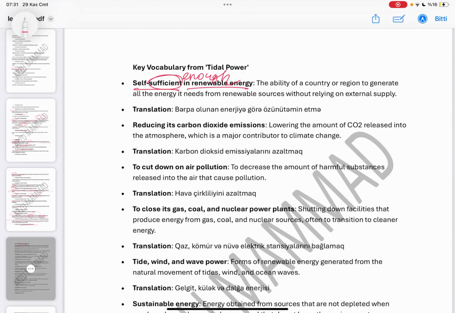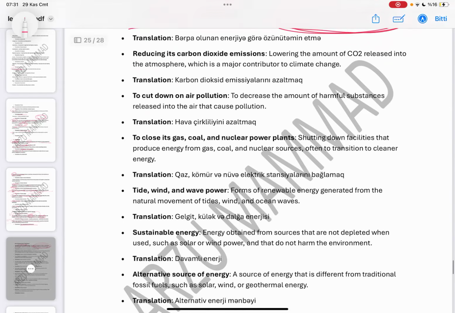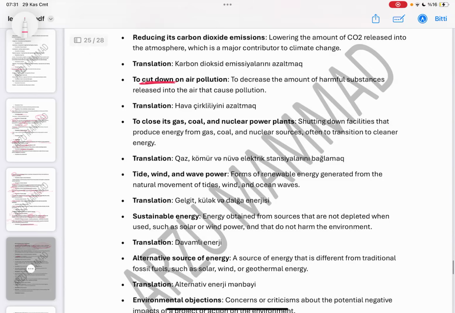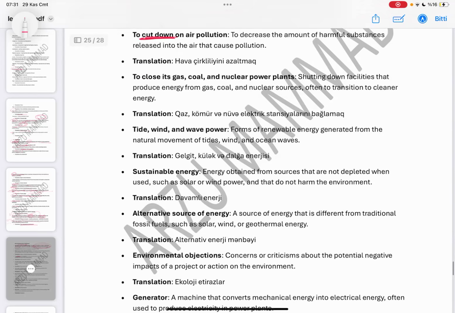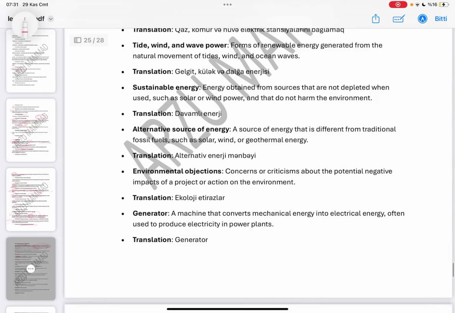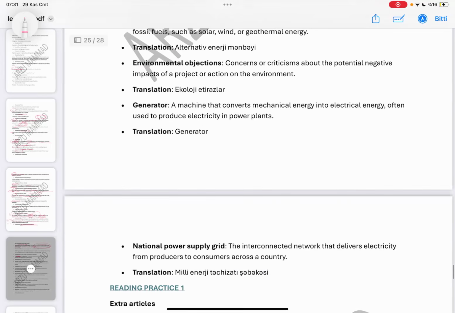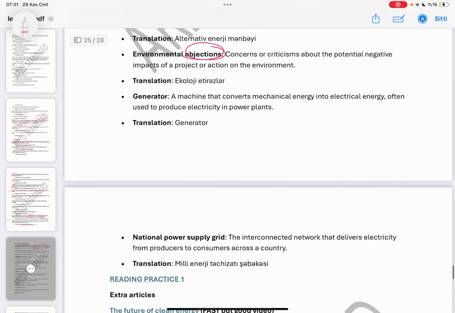Self-sufficient in renewable energy, the ability of a country or region to generate all the energy it needs without relying on external supply, okay? Without relying on anybody else. Cut down, very important, reduce. Sustainable, we have already discussed. Objection.